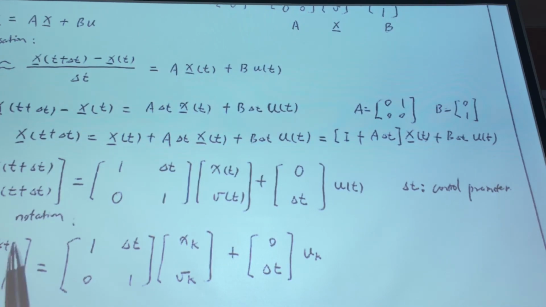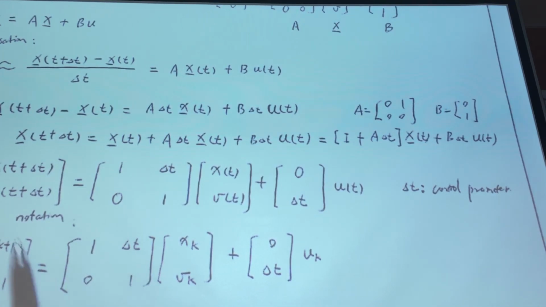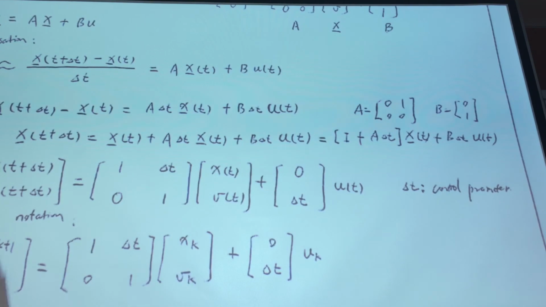So now we have a discretized dynamic equation. It's in a typical discrete format in terms of k, and delta t is just a constant. It's a design parameter chosen by the user.